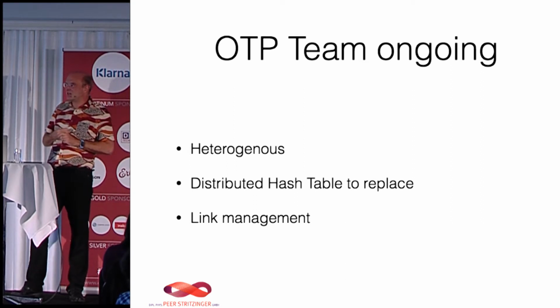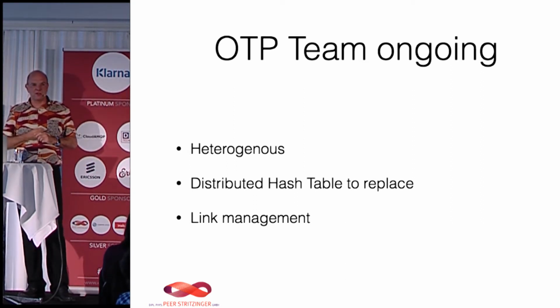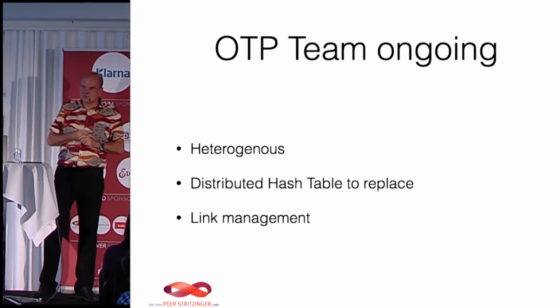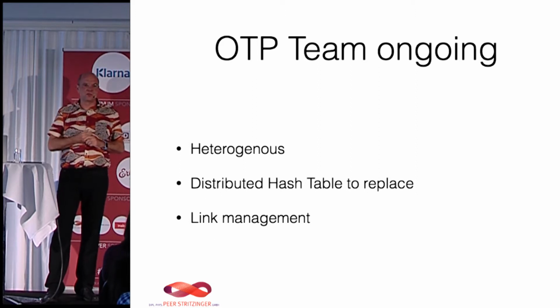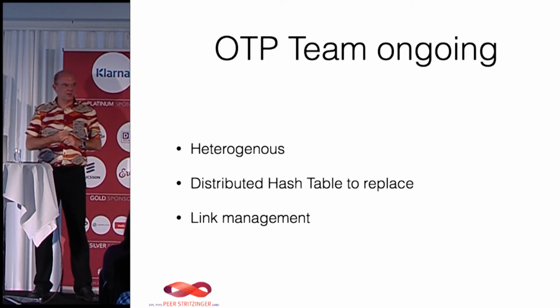There is a project going on in the OTP team to distribute global, to scale it up, to replace it by something that scales better, a distributed hash table for the naming.